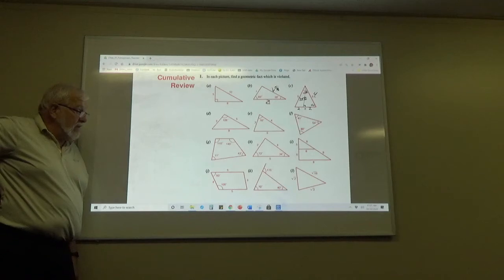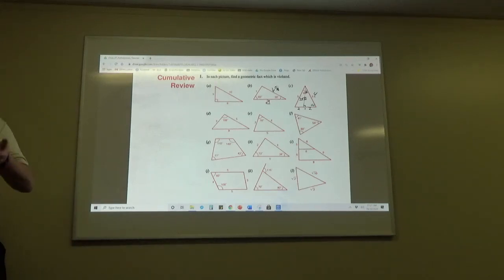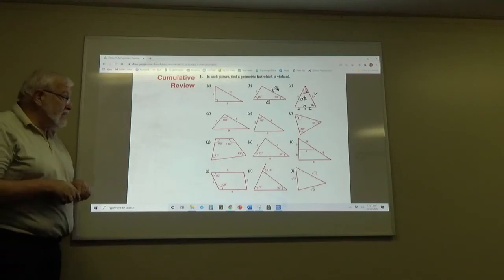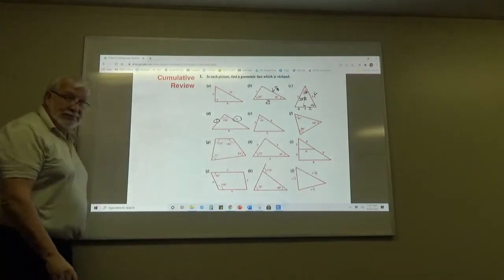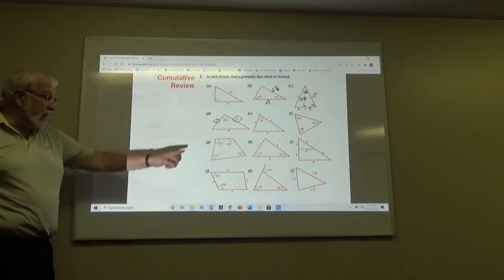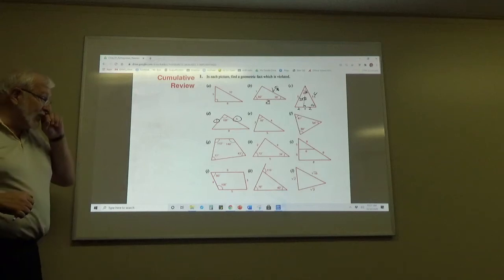Oh, wait, no. The largest side is larger than the other two sides combined. So the triangle inequality theorem means this doesn't work. These two values have to be greater than 9 to have a triangle, but they're 8. Okay, good.